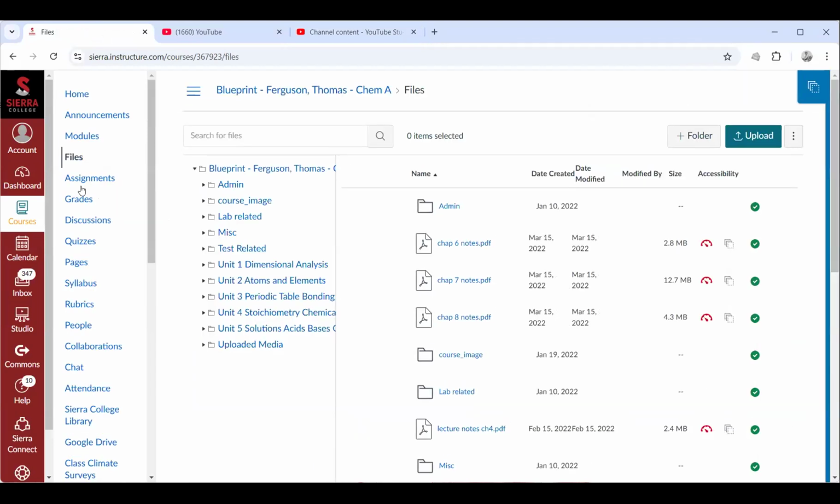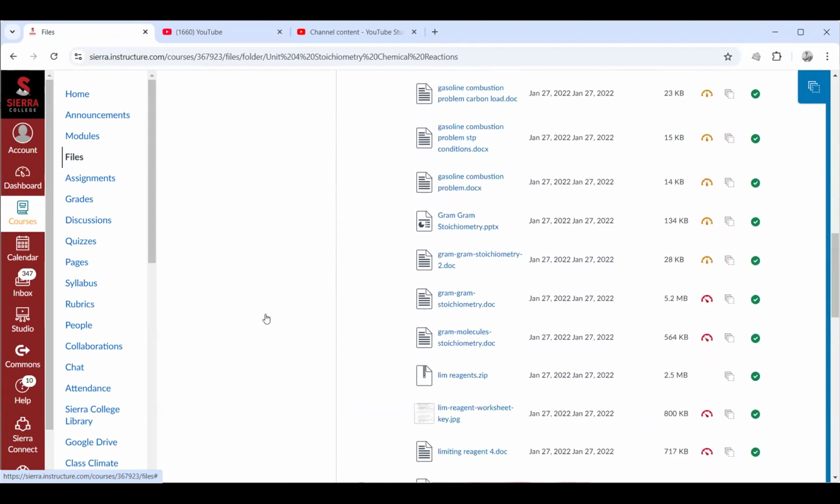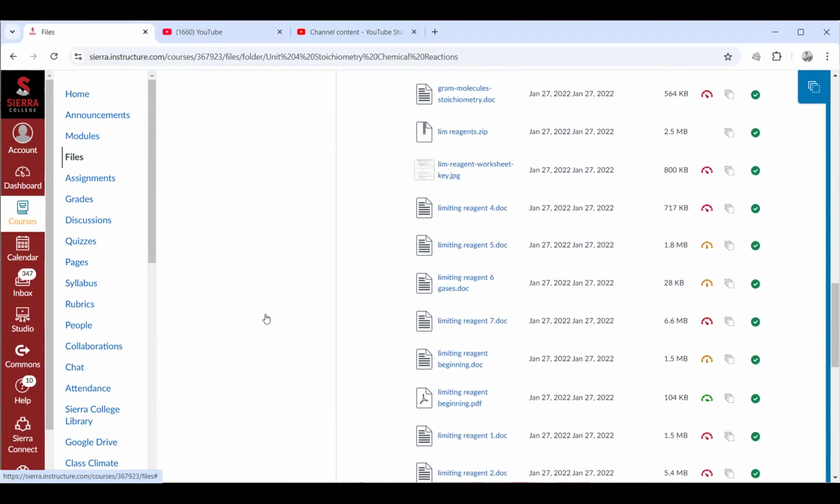If we go to Files, Unit 4, this is where all the practice worksheets are located. And towards the bottom, you will see all these limiting reagent problem worksheets with answers. Okay?